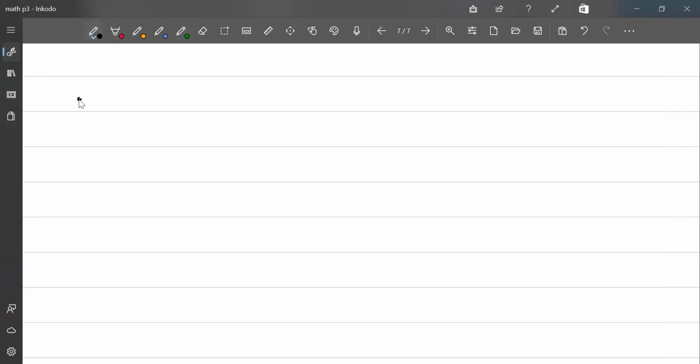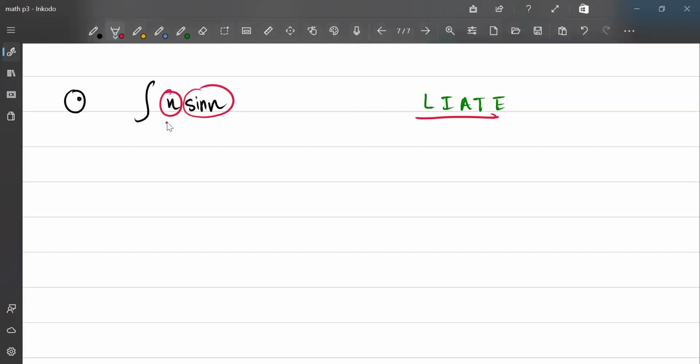So let's say we need to integrate x sine x. Now, just write LIATE for your easiness. Now look at this. Which term appears first? It's an algebraic function, and it is being multiplied to a trigonometric function. So the term appearing first is algebraic in this particular order.